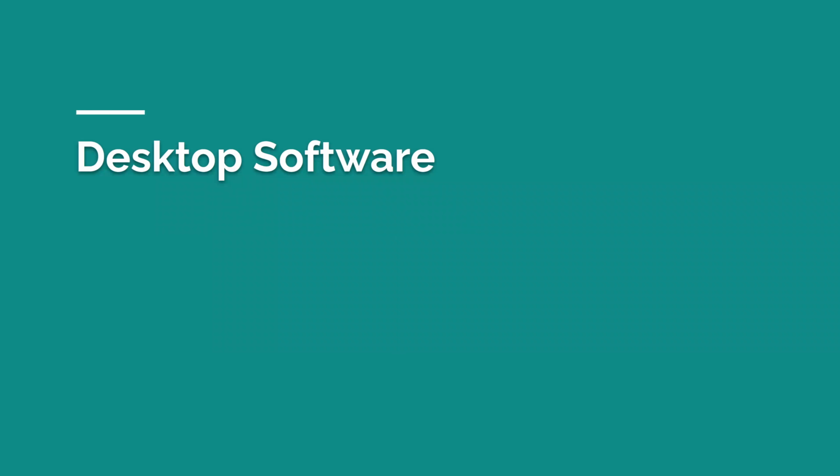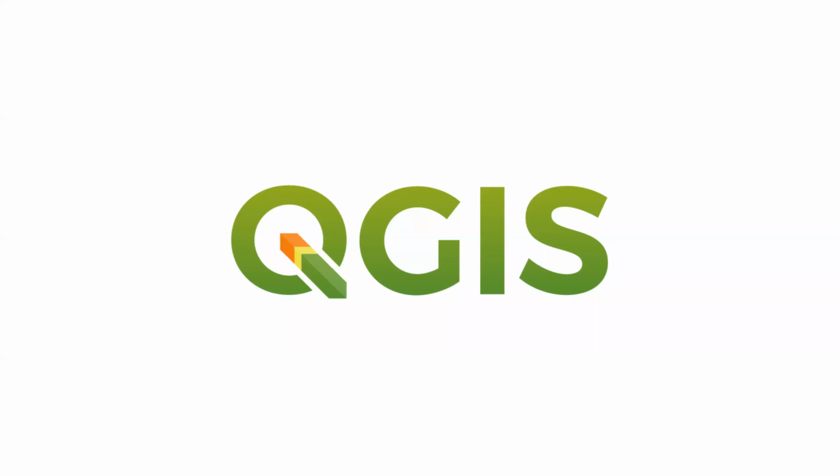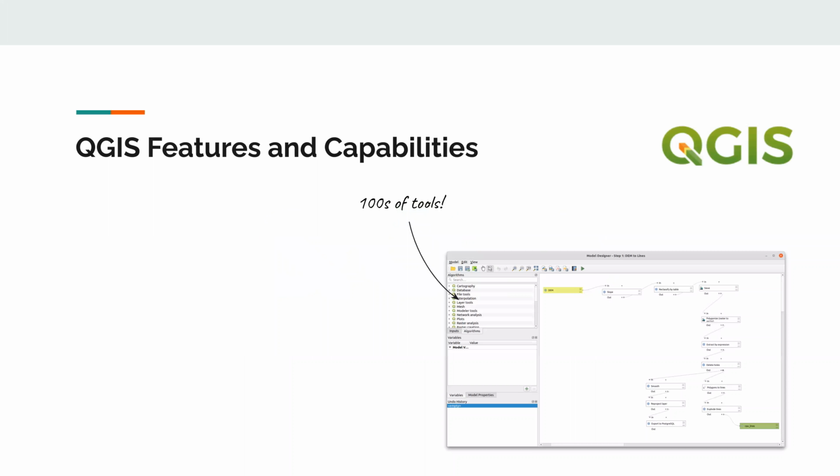So, desktop software. You can probably guess that QGIS is the one that we're typically using as our open source GIS desktop solution. QGIS comes with hundreds of tools, of course. It's powerful cartography and spatial data management tools. The processing framework is great. It's growing over time.